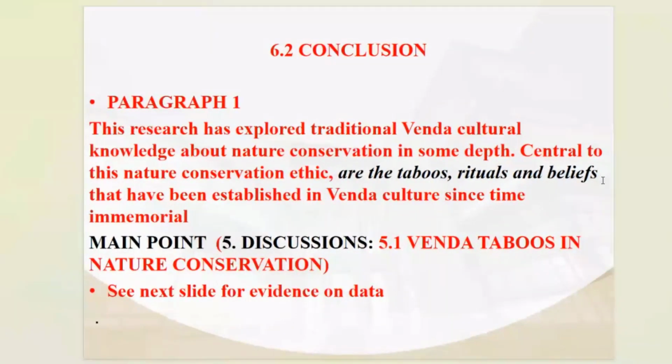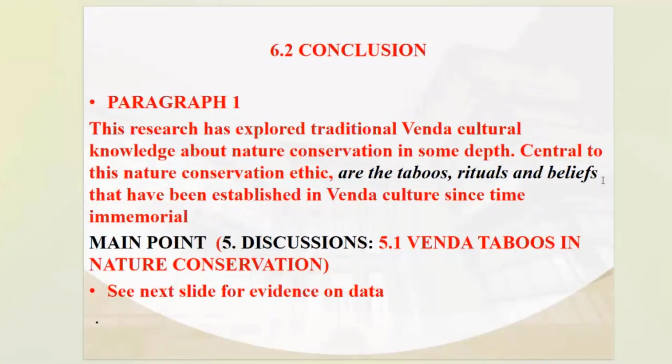Central to this nature conservation ethic are taboos, rituals and beliefs. Those I've underlined because I know that there is a specific section where they were discussed, and that have been established in Venda culture since time immemorial. Under chapter 5, where we've got discussions, the Venda taboos were discussed under 5.1.